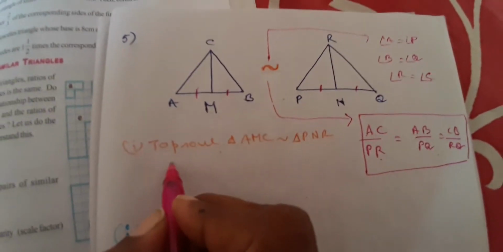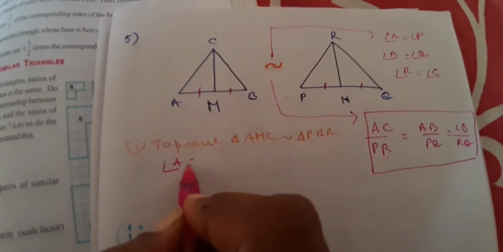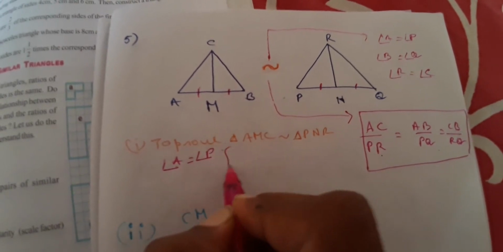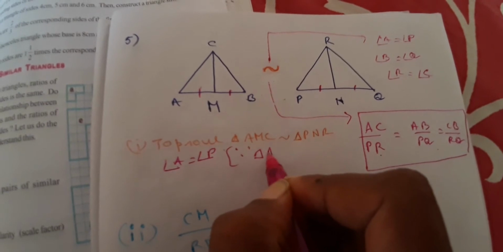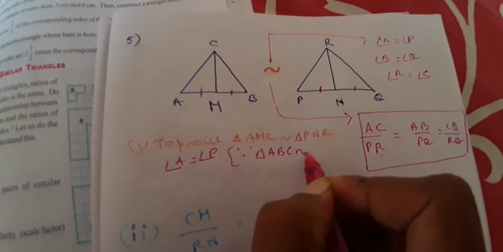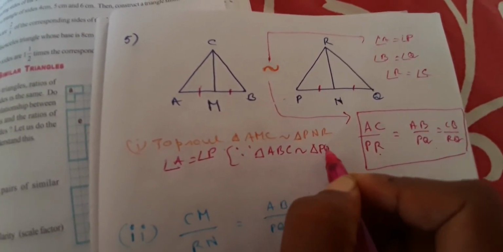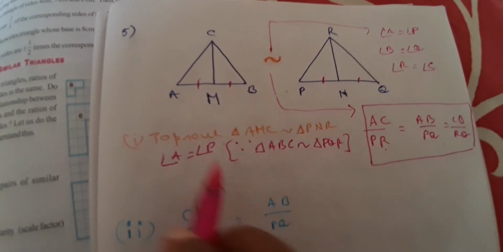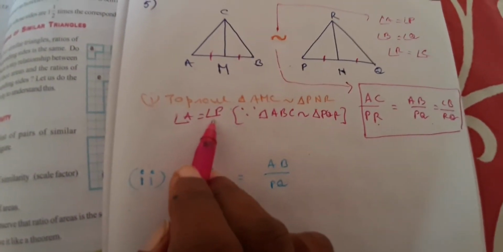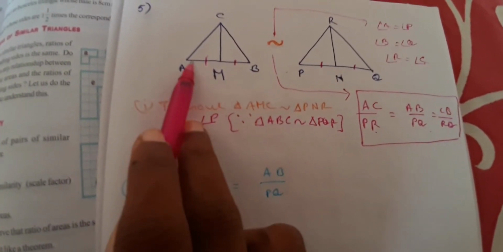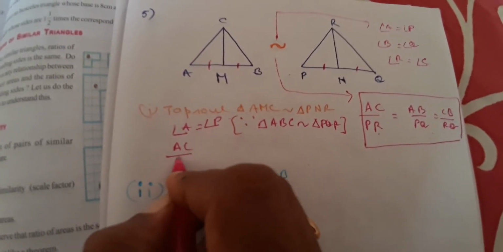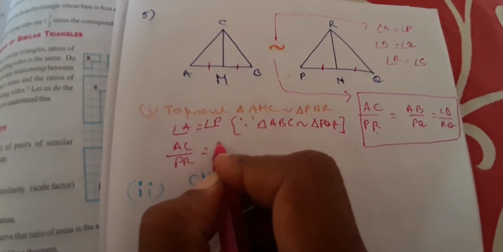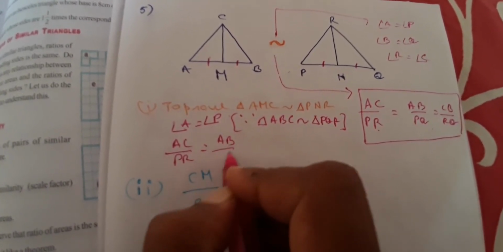So now let us write the steps. Angle A is equal to angle P, since triangle ABC is similar to triangle PQR. Okay, done, finished. Corresponding angles are congruent or equal. The other one is already AC by PR is equal to AB by PQ.